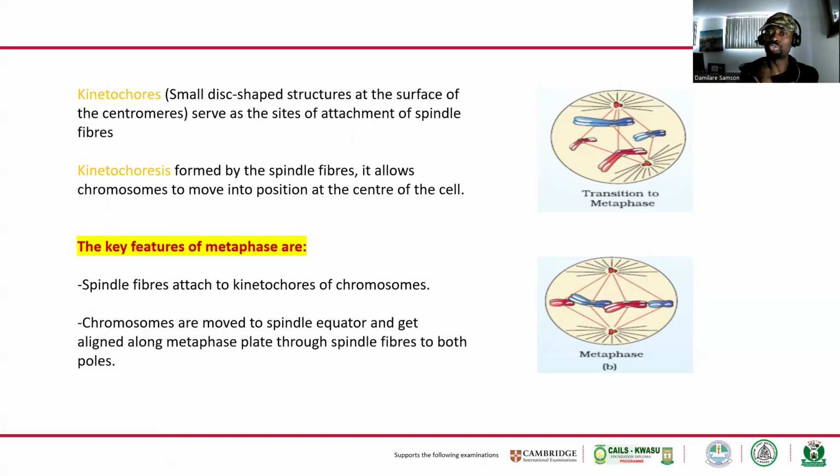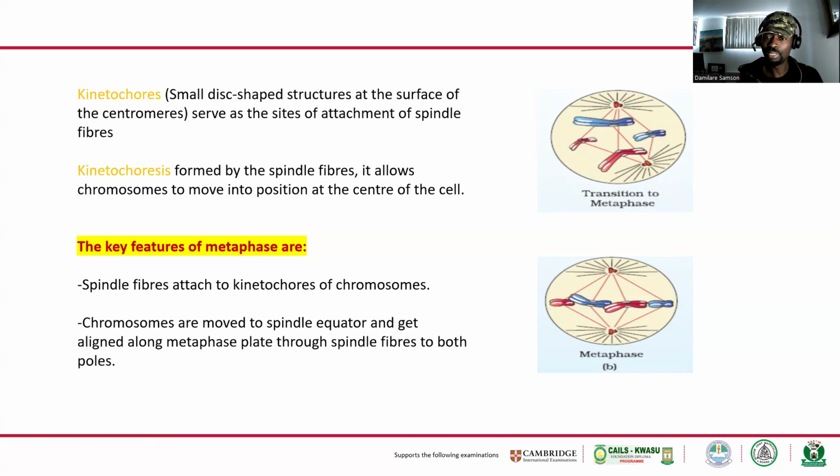Spindle fibers are also needed for migration. For the migration to be effective, there is a need for the kinetochore on the chromosome, especially at the side where you have the centromere. So please, if they ask a question about centromere and kinetochore, they are two different things.